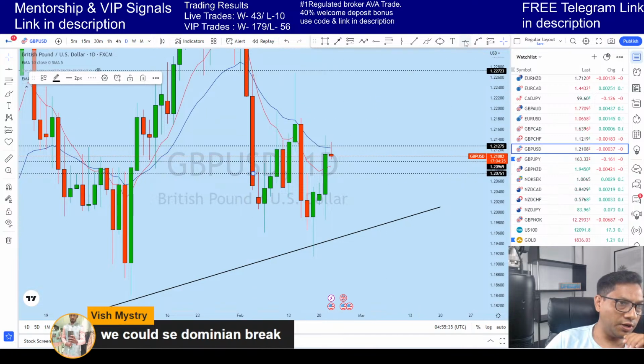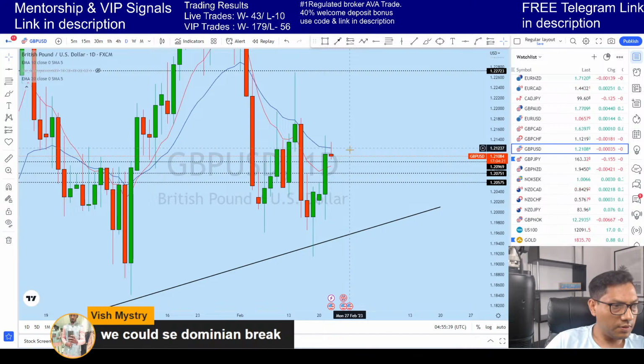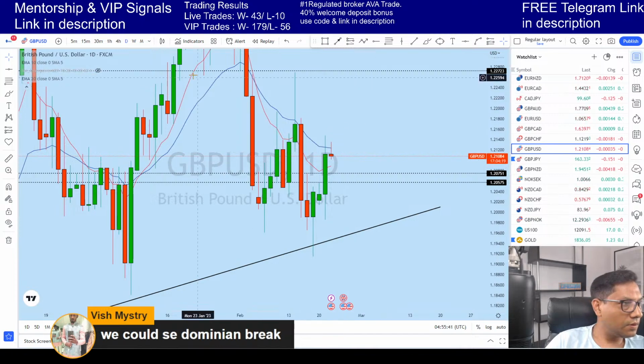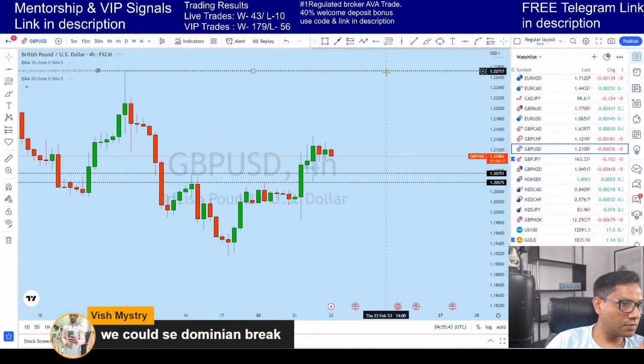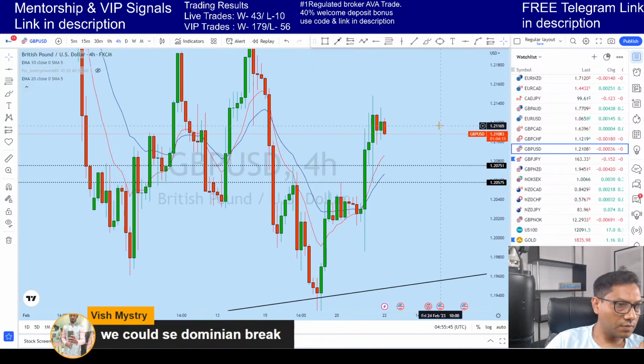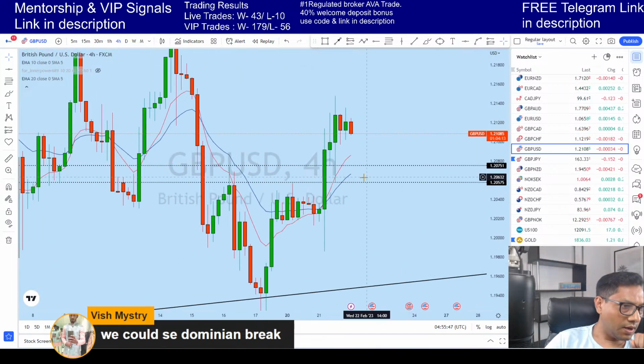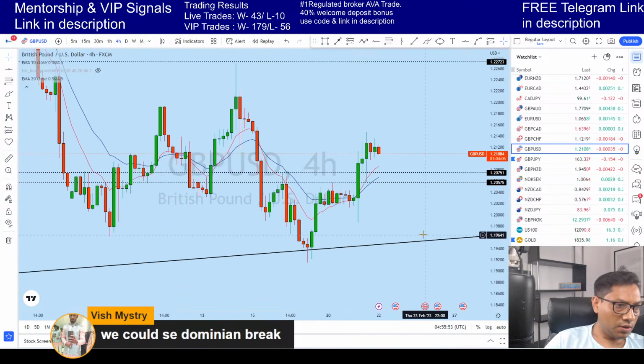There's one support here, the other one is here. It's highly likely that GBP USD is coming to this level of support, or even slowly will break this level to this zone.